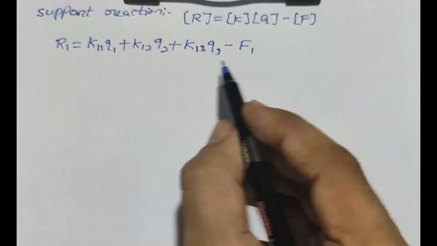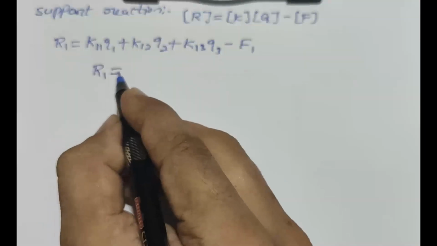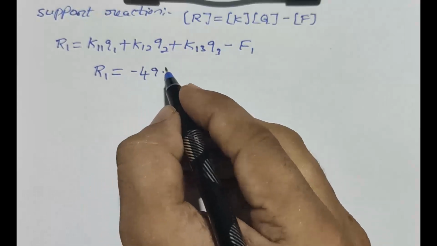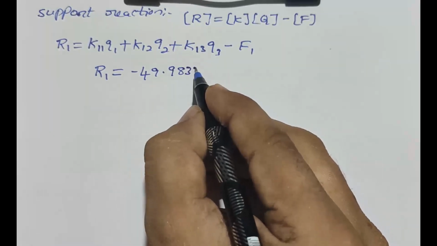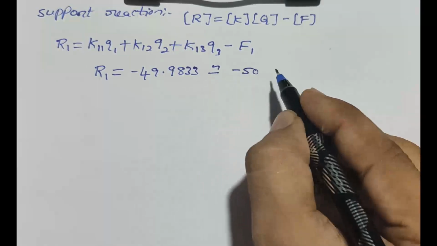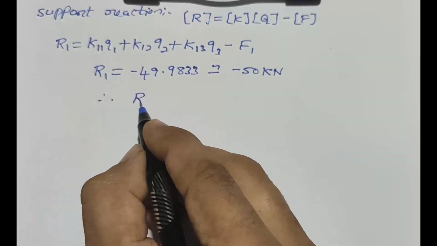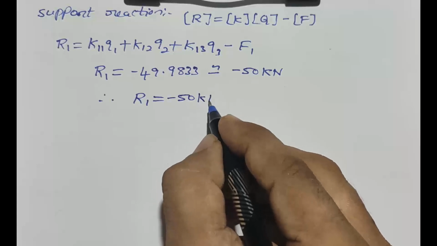We substitute all the values, and on simplification we get R1 equal to minus 49.9833, which is nearly equal to minus 50 kilonewton. Therefore support reaction R1 is minus 50 kilonewton.